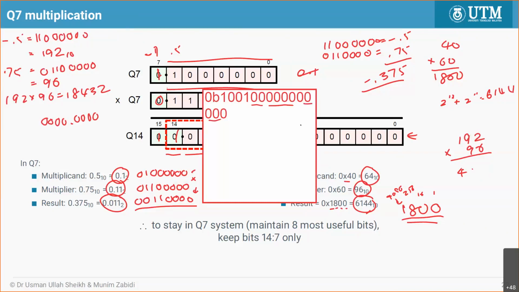Make sure I don't miss anything. 0, 0, 1, 0. And here, 1, 2, 3, 4, 1, 2, 3, 4 up to here. One here, up here. And 1, 0, 0.